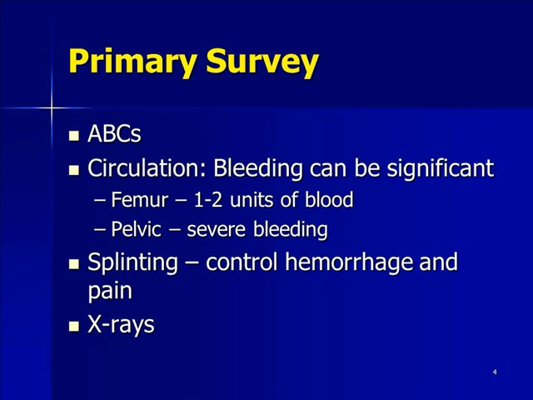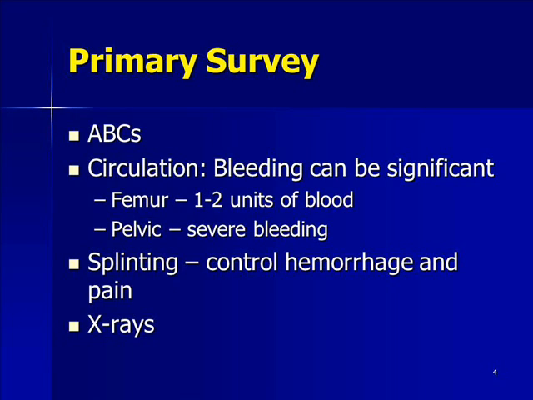As always, we manage the patient following the ABC priorities, that is airway, breathing, and circulation. And in circulation, when there is musculoskeletal injury, it can result in significant blood loss.